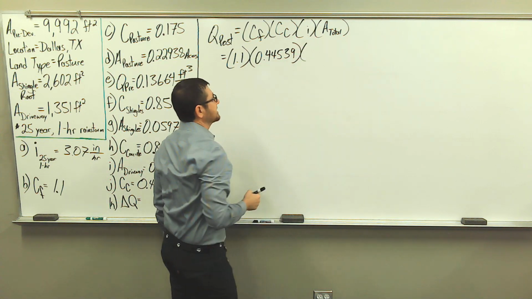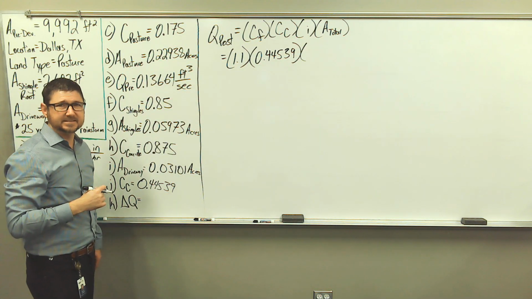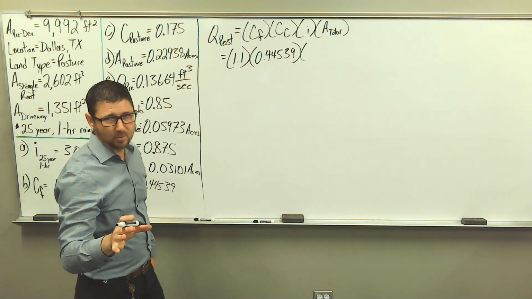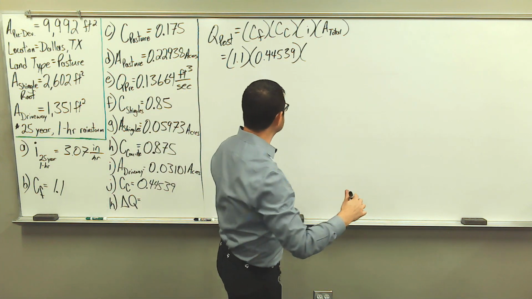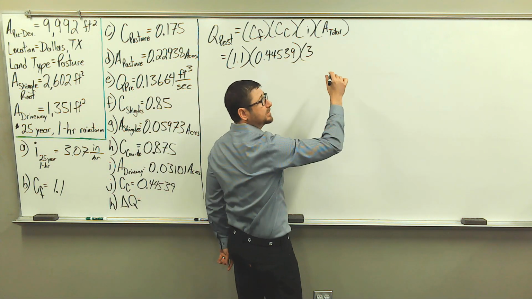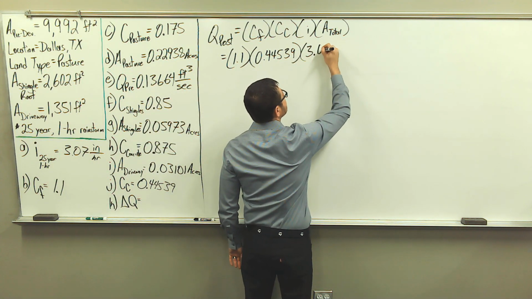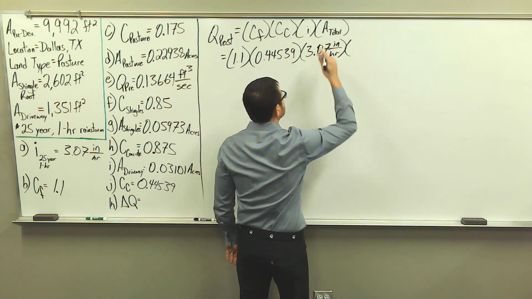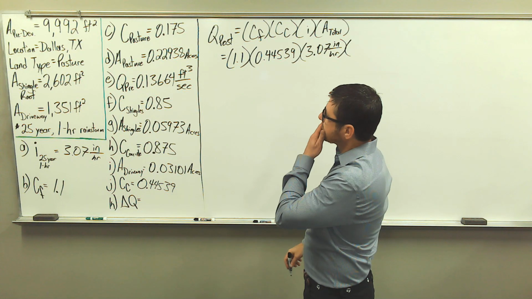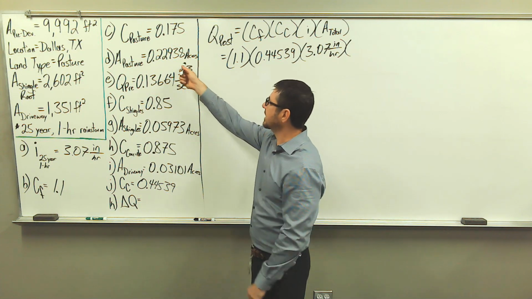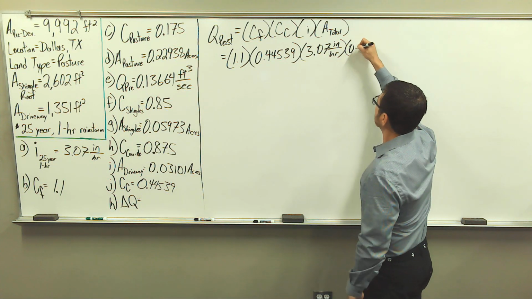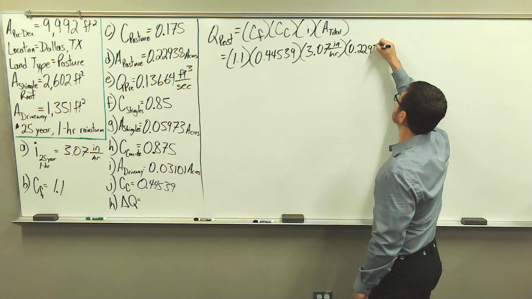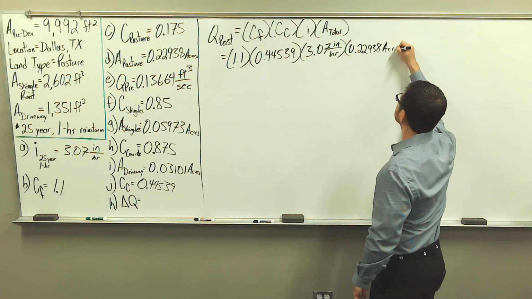We're multiplying this by the rainfall intensity. We looked this up in the table earlier, 3.07. We have units of inches per hour. And our total area, here we are right here, 0.22938 acres.